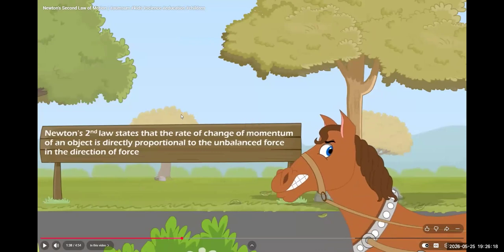Why can't that horse move now, Anto? Now the horse can't move. Why? Tell me, Anto. Don't be shy. That horse ate these leaves. Now he is full, huh? His weight is increased. Okay, now the acceleration is getting low, decreased.